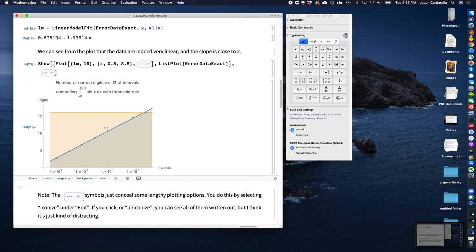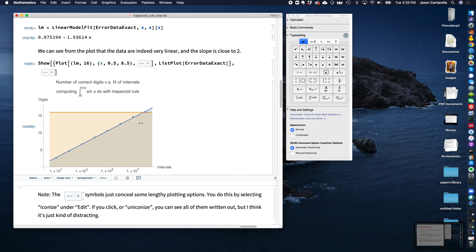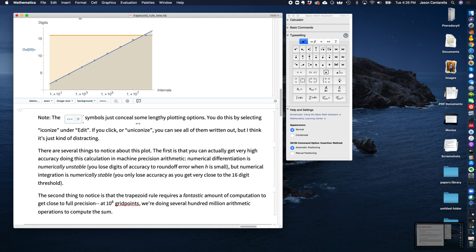Okay, so notice that we're actually getting quite good accuracy. We're getting quite close to 16 digits. This is because, unlike numerical differentiation, where the number of correct digits never got all the way to 16 and topped out fairly quickly, numerical integration is numerically stable. So basically all we're doing is summing things. We have no reason to believe that these are things of opposite sign that almost cancel out, and they're probably not.